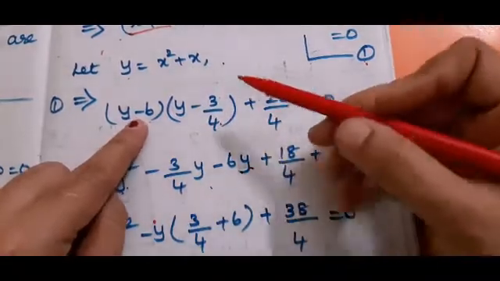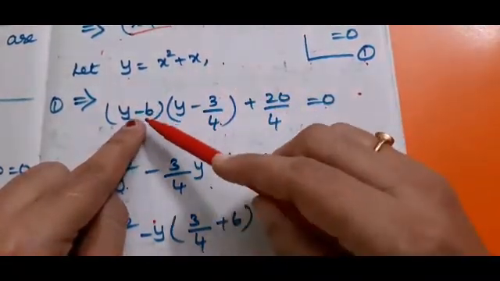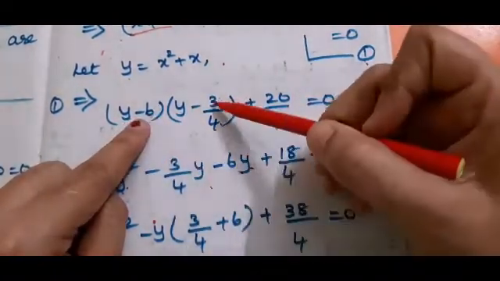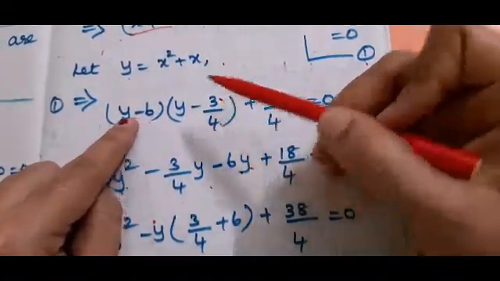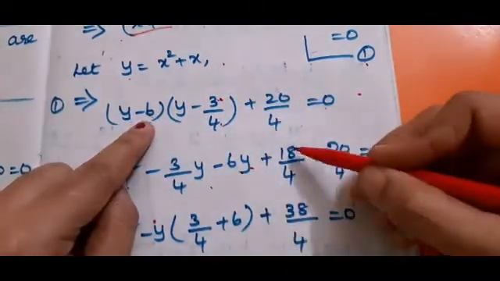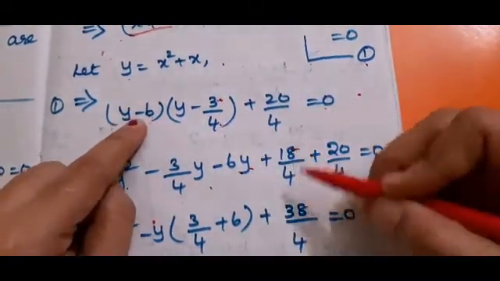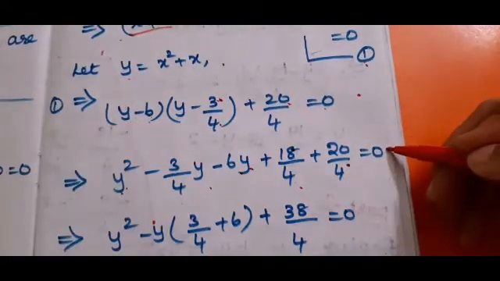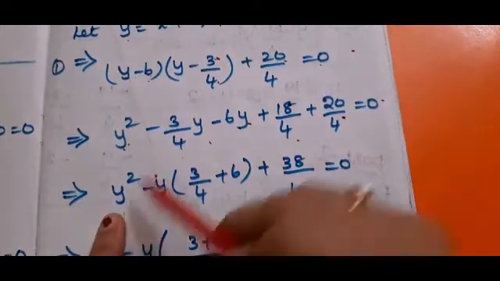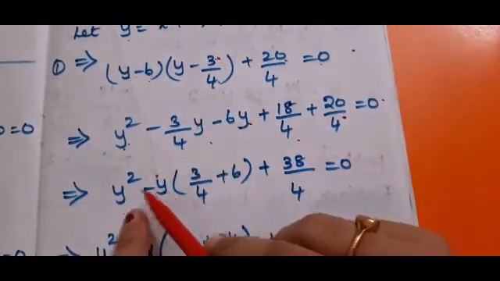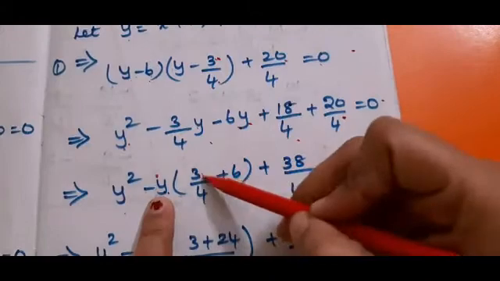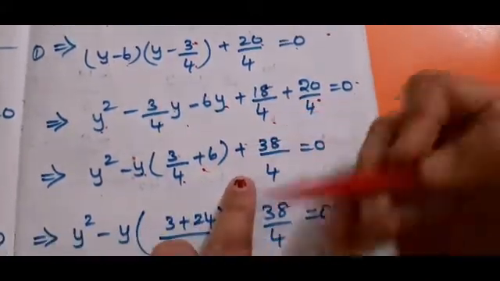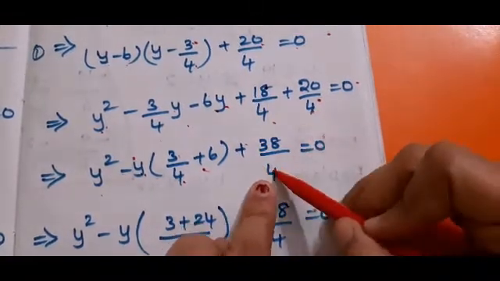Then minus 6 into minus 3 by 4, that is 6 3s are 18, positive 18 by 4, and this 20 by 4 I have written as it is, equal to 0. So, y square, here I can take minus y outside, this will be 3 by 4, this will be plus 6, plus I can take LCM as 4.